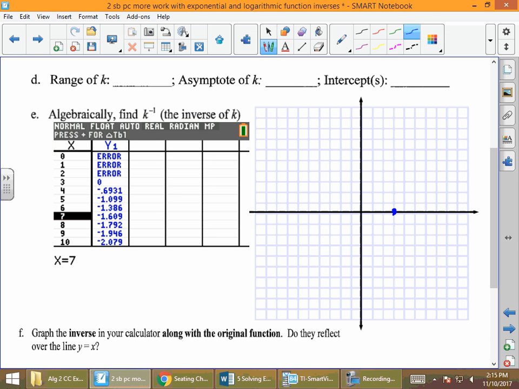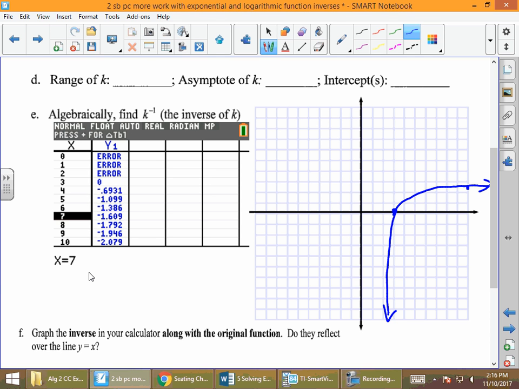And then the other one that I graphed, and it's up to you, is (10, negative 2.079), and then a little bit more than that. And our function still goes down like this, even though our screen doesn't show it as well.